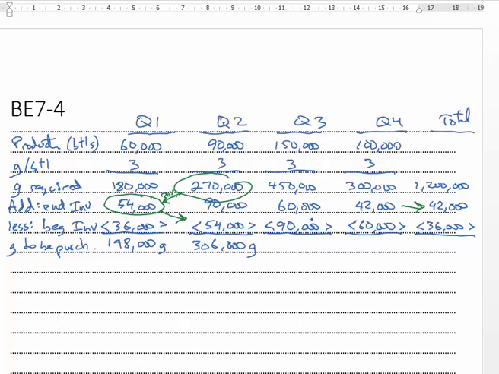Next to that, 450 plus 60 minus 90 is 420. 300 plus 42 minus 60 is 282. And 1.2 million plus 42 minus 36 is 1,206 grams.